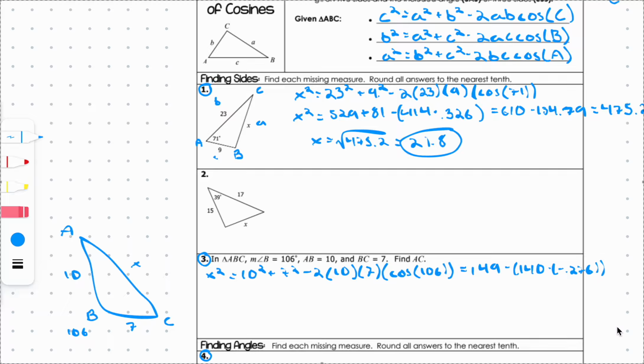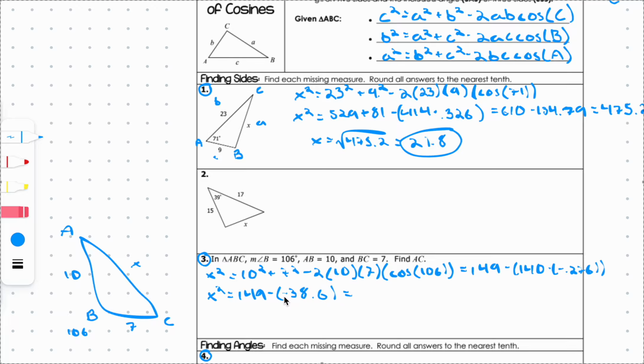Okay, so now 140 times that value of negative 0.276, we get negative 38.6-ish.